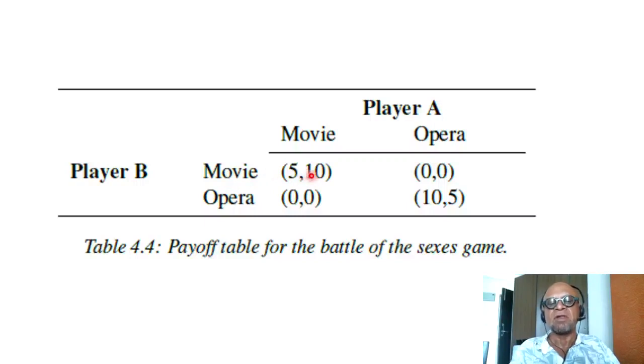So you are tolerating the movie and not going to the opera. And similarly, if both disagree, so one goes to the movie, the other goes to the opera, neither one benefits. So you can think of the benefit as the benefit of the company and enjoying the movie or the opera together. And again, if one goes to opera and the other goes to movie, both have no gain.